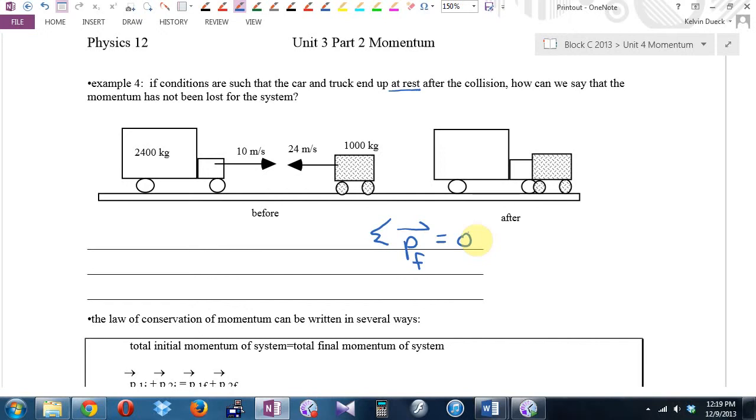Wait a minute, I got stuff moving before the collision. Let's look at before. Before, we have the momentum of the truck initial and the momentum of the car initial.